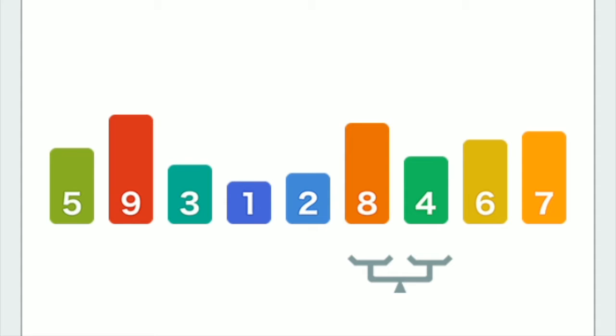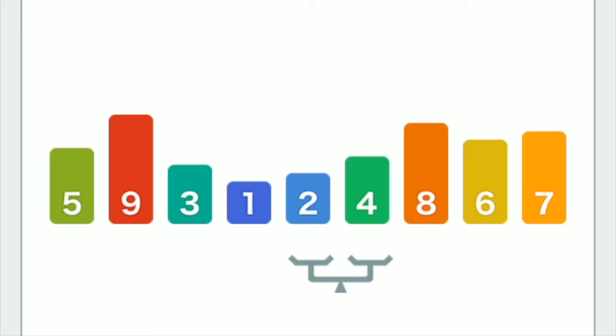So 8 and 4 will be compared. Since 8 is bigger than 4 and not in the right position, the numbers 8 and 4 will be swapped. Now 2 and 4 will be compared. Since 2 is smaller than 4 and it is in the right position, it will not be swapped. 1 and 2 will be compared and they are in right positions, so they will not be swapped. 3 and 1 will be compared.